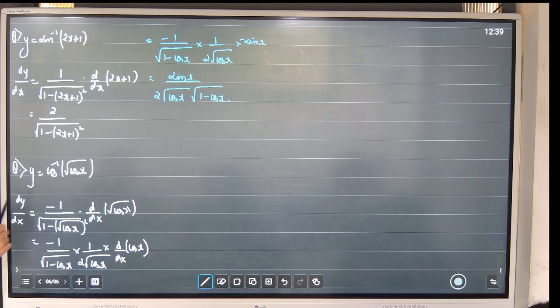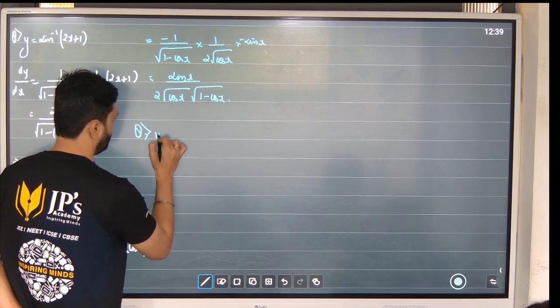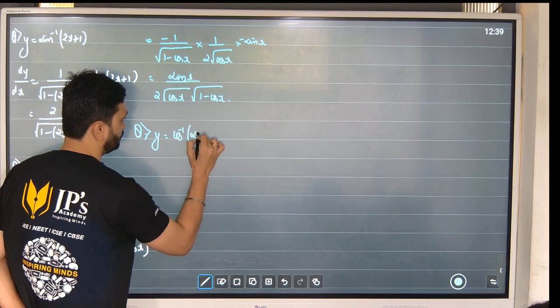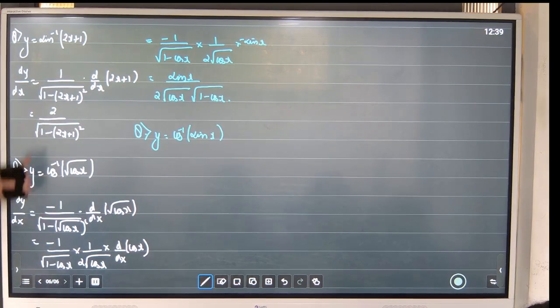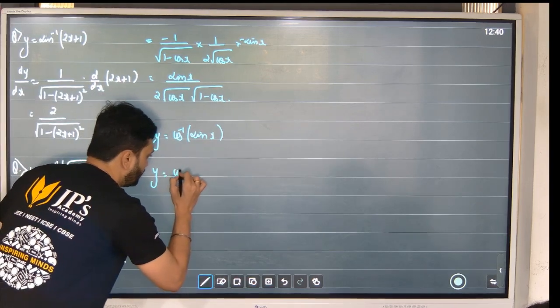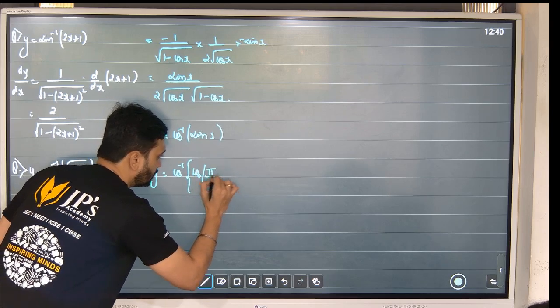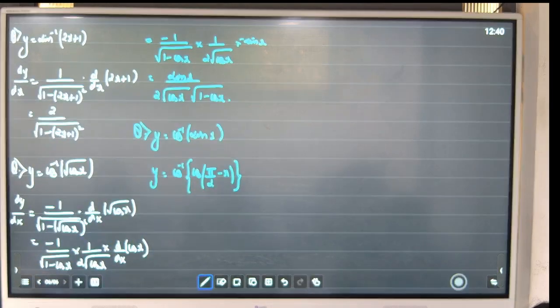Now, if I have a question like this, y is equal to cos inverse of sin x. You can directly put the formula, or to make it easy, I can write it as cos inverse of cos of pi by 2 minus x, because cos 90 minus theta is sin theta.